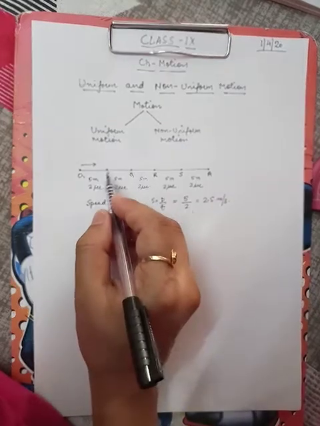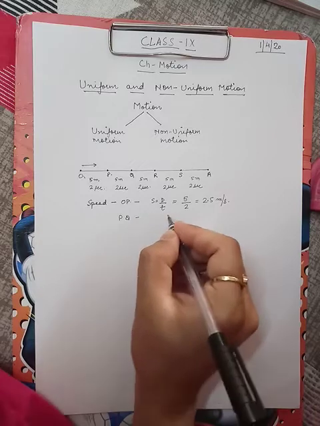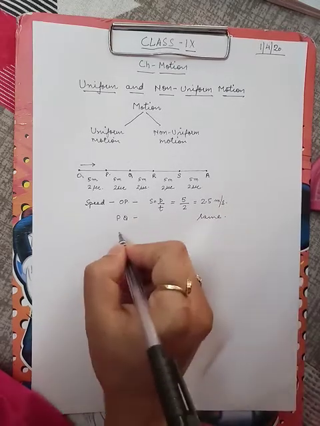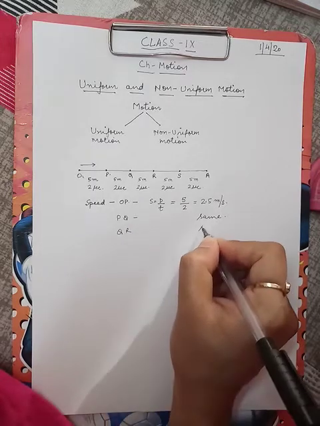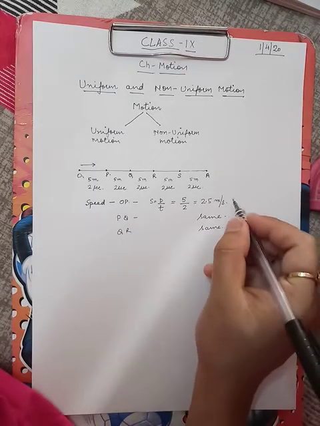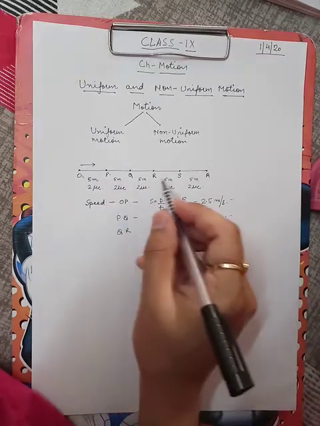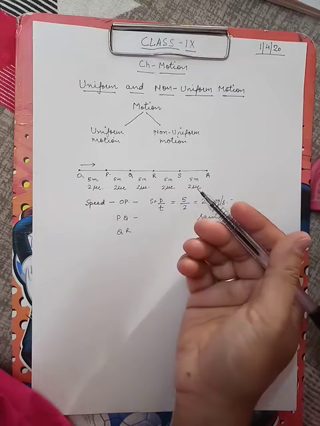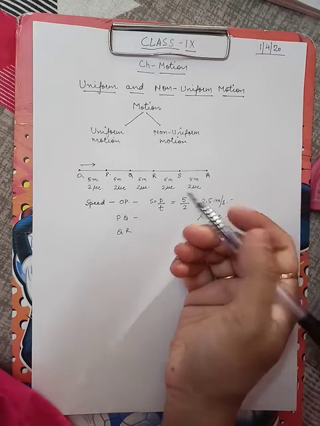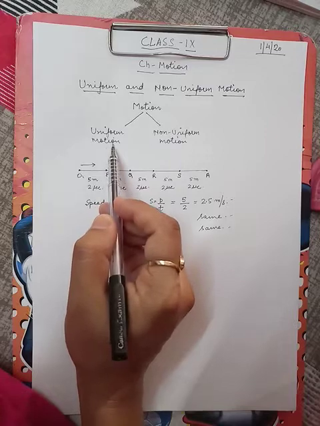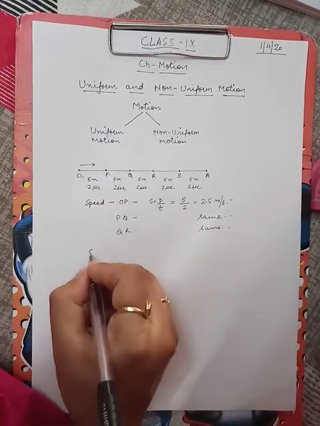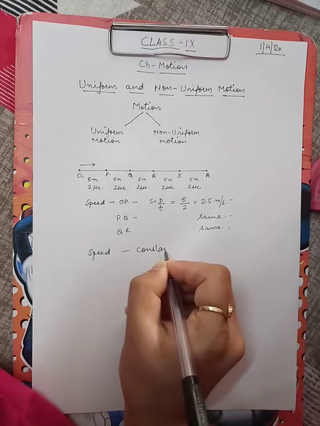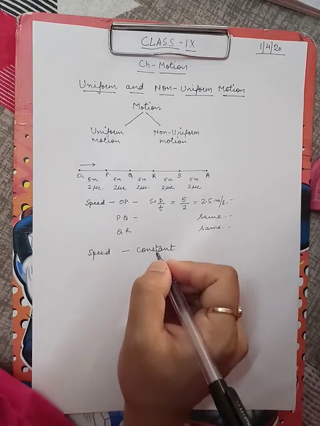In the next case from P to Q the speed will be same, right? In the next case Q to R the speed will be same, that means the speed is constant in every case. So we can say the speed is also uniform in this case. In the case of uniform motion, the speed remains constant. So what can we say? The speed remains constant in the case of uniform motion, right?